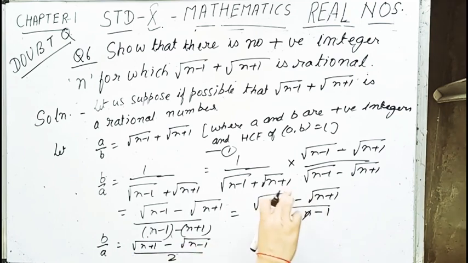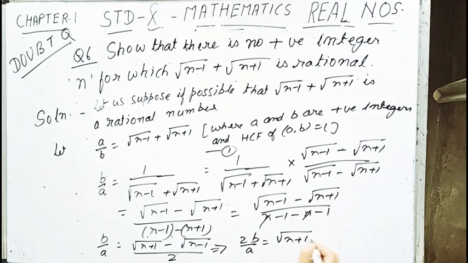The n's cancel, and cancelling the minus sign reverses the positions, so b/a = (√(n+1) − √(n−1))/2. This implies 2b/a = √(n+1) − √(n−1). Let's make it equation number 2.